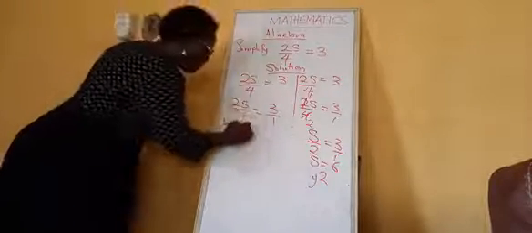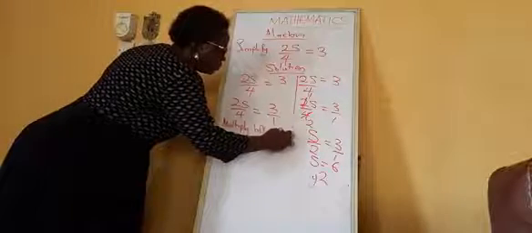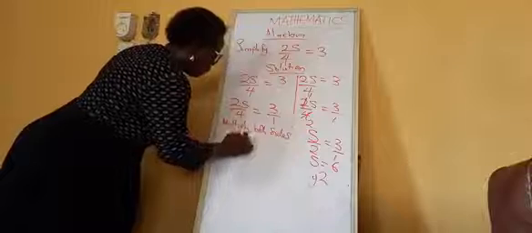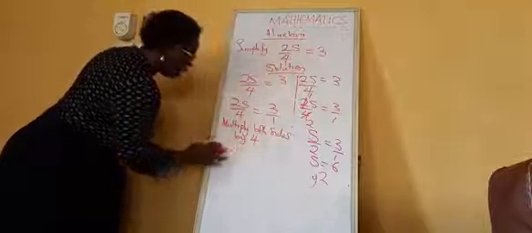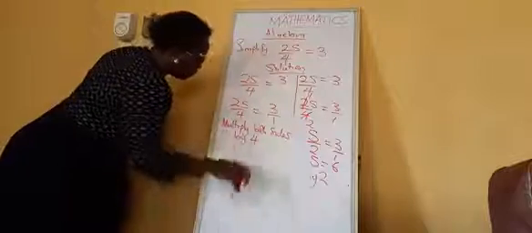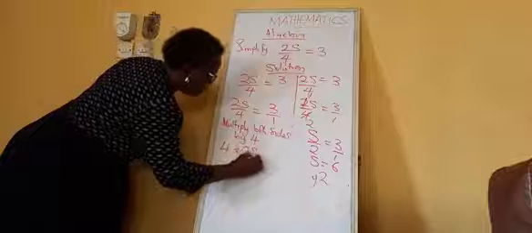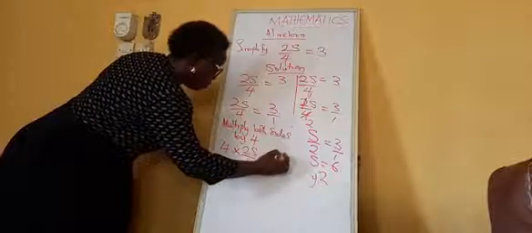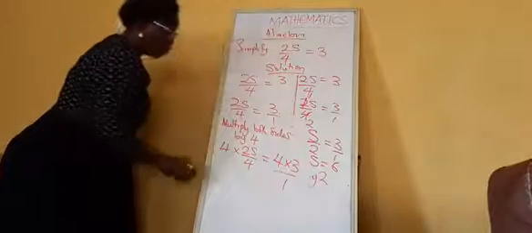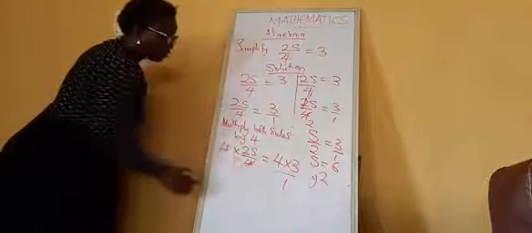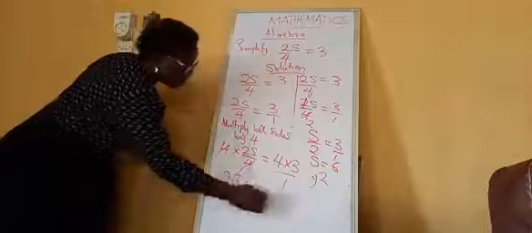Multiply both sides by 4, so that you have 4 times 2x over 4 is equal to 4 times 3 over 1. So this 4 will cancel this, so remain 2x is equal to 12.